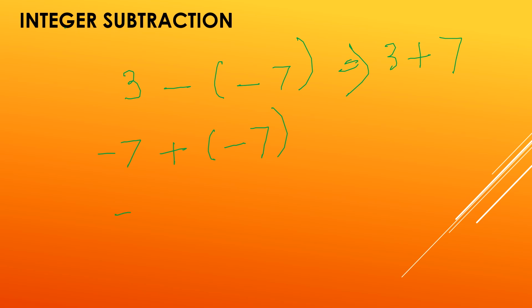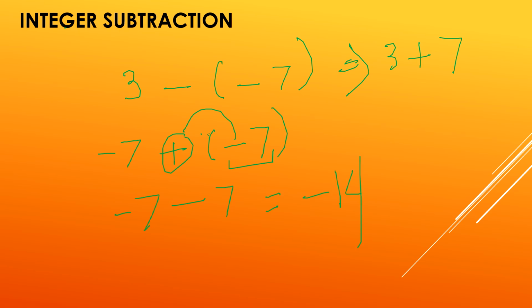Remove the bracket, it will come out as minus 7. Now see, in front of this bracket there is a positive sign, but this is a minus 7, so it will come out as minus 7 only. Between minus and plus, minus is considered to be more dominating in nature, so it will become minus. Your answer will be minus 14.